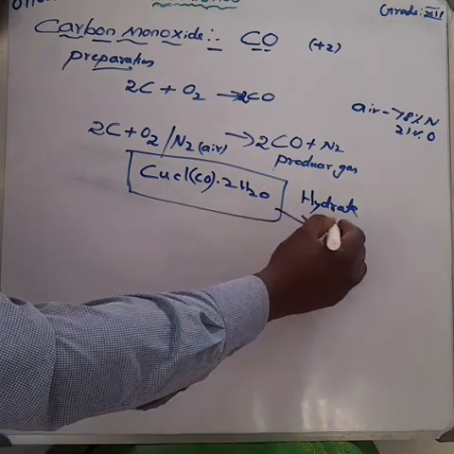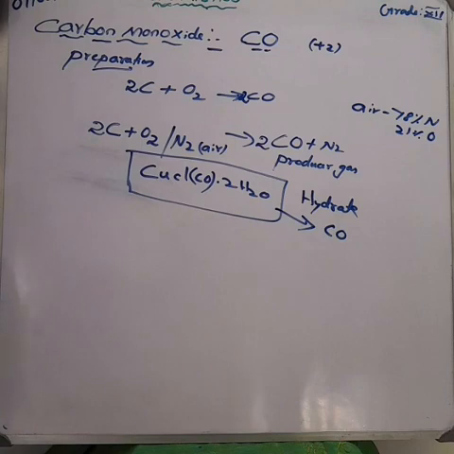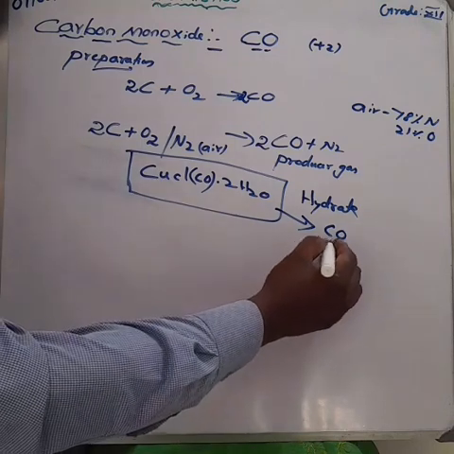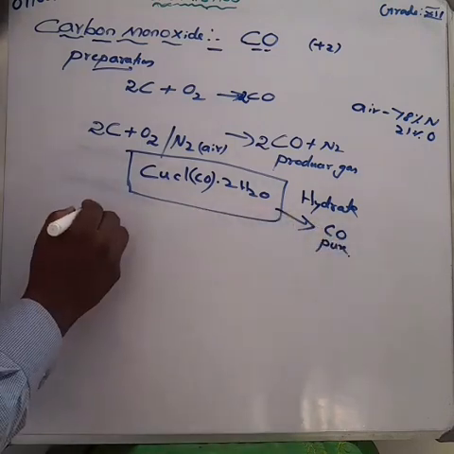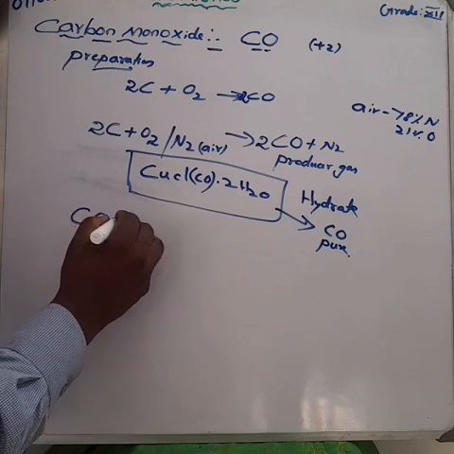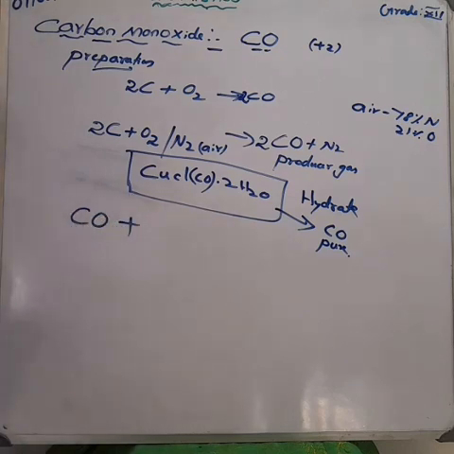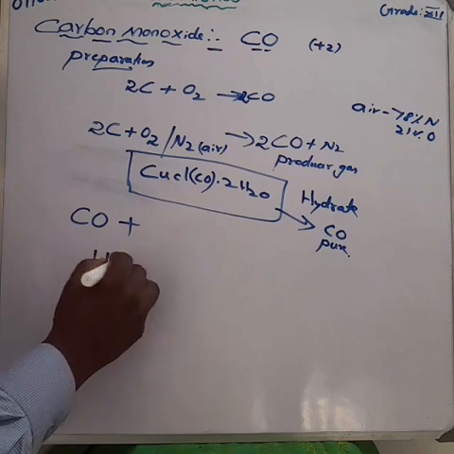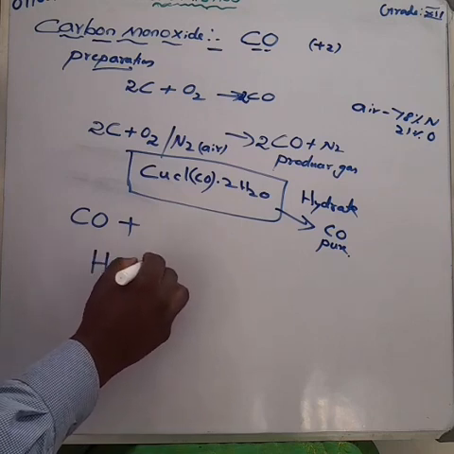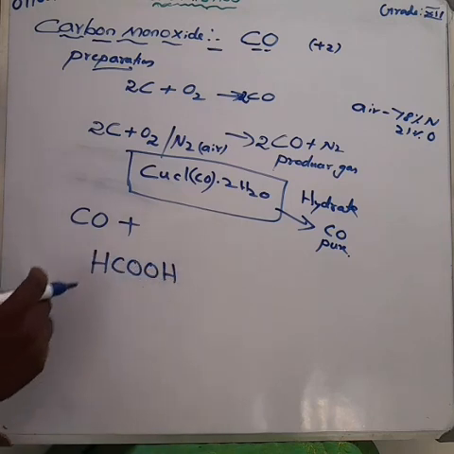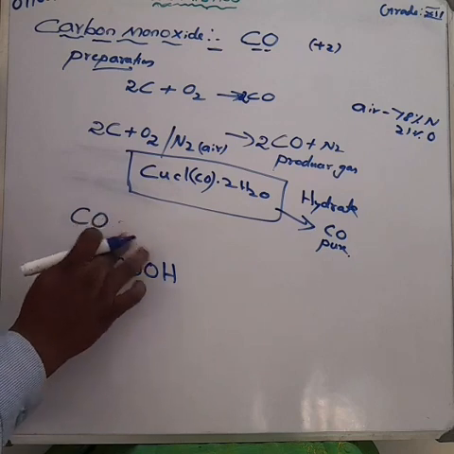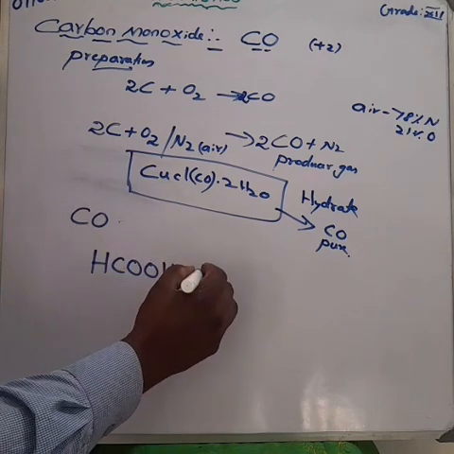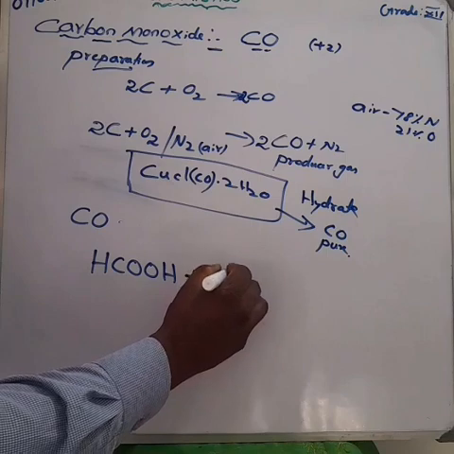That is one method. And another important method: carbon monoxide can be prepared from methanoic acid. Methanoic acid is an acid. You know that one. What is the formula? HCOOH. Carbon monoxide is also prepared from methanoic acid by warming with concentrated sulfuric acid.